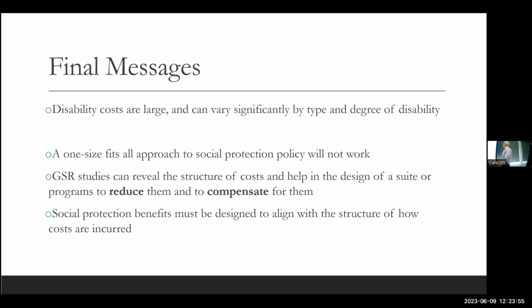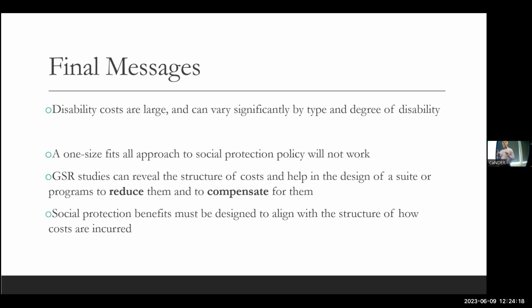So the final messages are, disability costs are large, but they vary significantly by type and degree of disability. So a one-size-fits-all approach to social protection is not going to work. Goods and services required studies can reveal the structure of costs and help in the design of a suite or a set of programs to reduce them and to compensate.